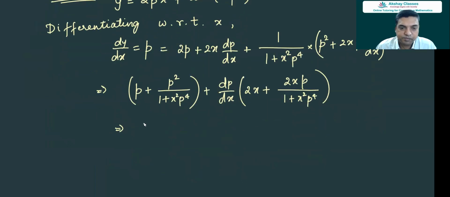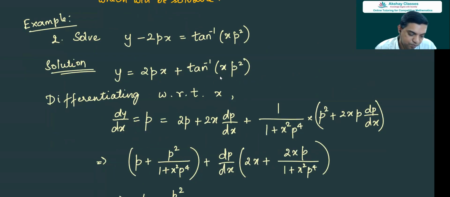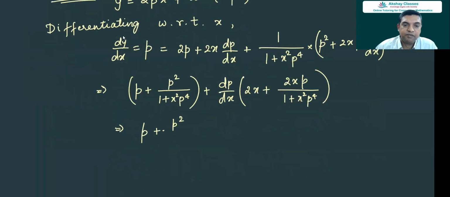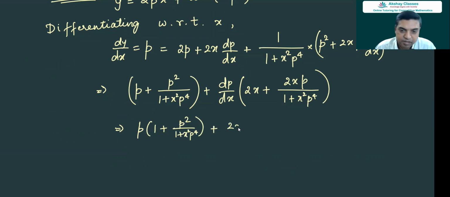So of course we can take out p common here, 1 plus p square by 1 plus x square p power 4, plus 2x if we take common here, 1 plus p by 1 plus x square p power 4.